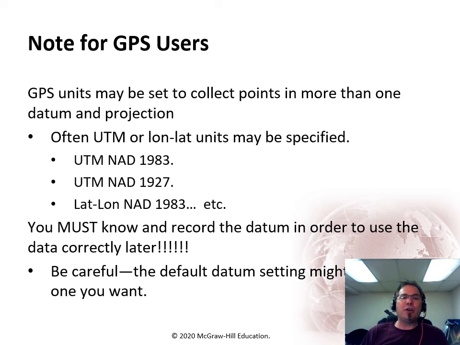Like I mentioned earlier, a lot of GPS units are set to default to WGS84, which makes sense because the satellites that they're pulling their data from are also running in WGS84. So you have to make sure that you understand what datum you're using when you're collecting your points. Because if you don't, you're going to try to use the points and you could create issues later on.